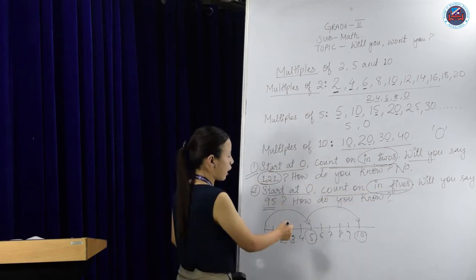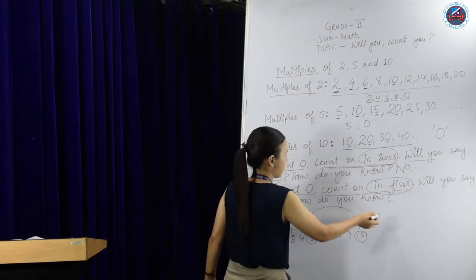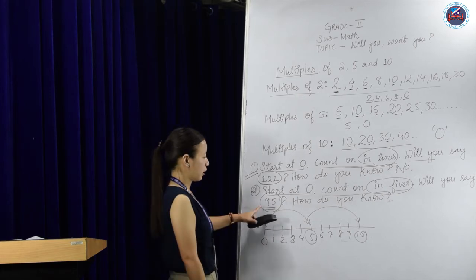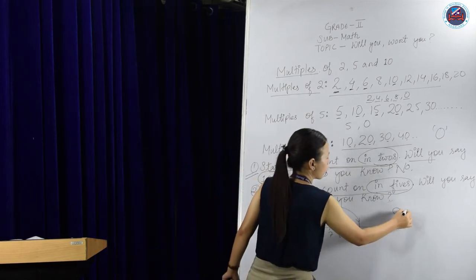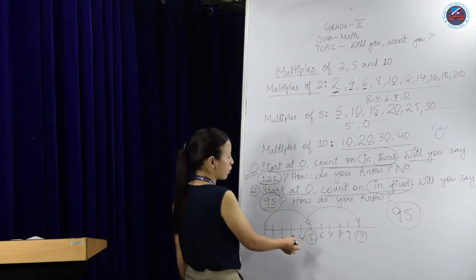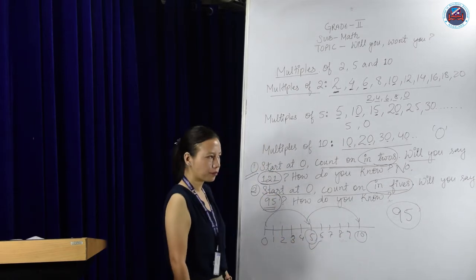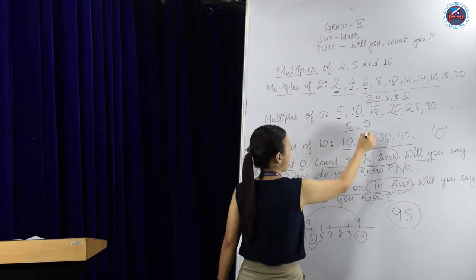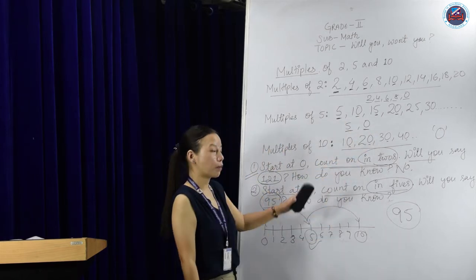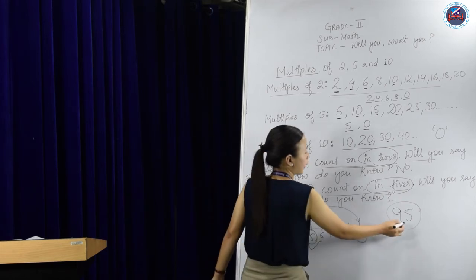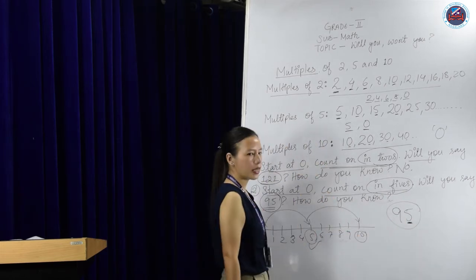It asks, if you count on 5 places each time, will you say 95? Will we count on to 95? Now for multiples of 5, we know that the number should end in either 5 or 0, or the one space should be either 5 or 0. In this 95, we find that the ones place is 5.